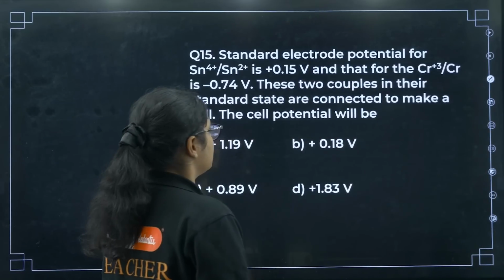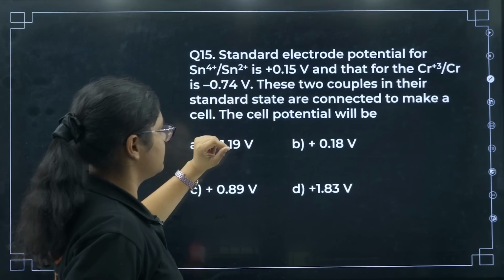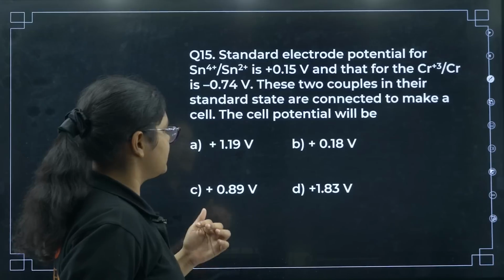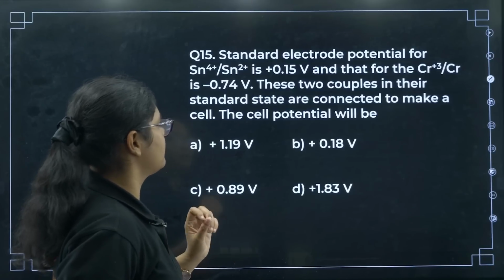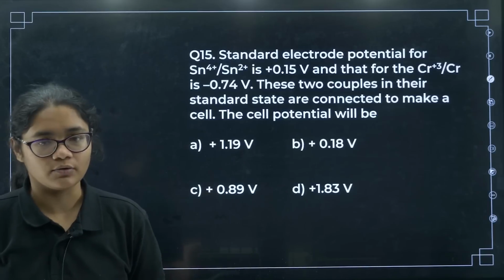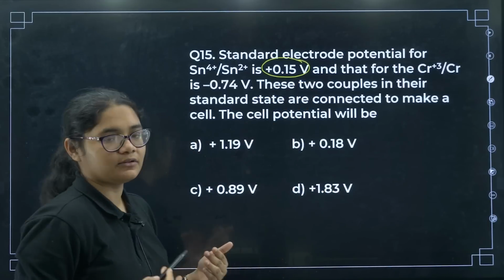Next, question number 15. Standard electrode potential of Sn is given and that of chromium is given. These two couples in the standard state are connected to make a cell. The cell potential will be, okay, so here you should know which one will be cathode and which one will be anode. The one whose reduction potential is greater will be the cathode, the other one will be the anode.